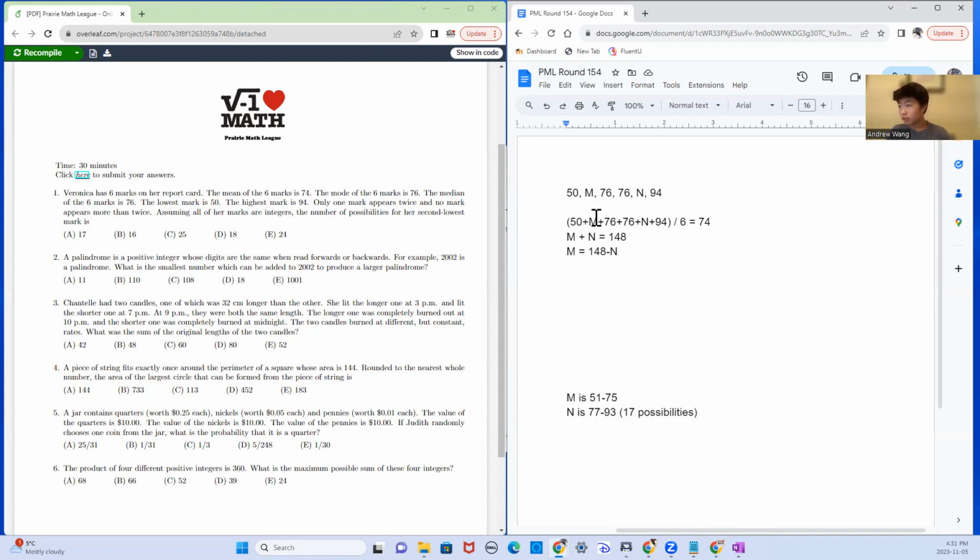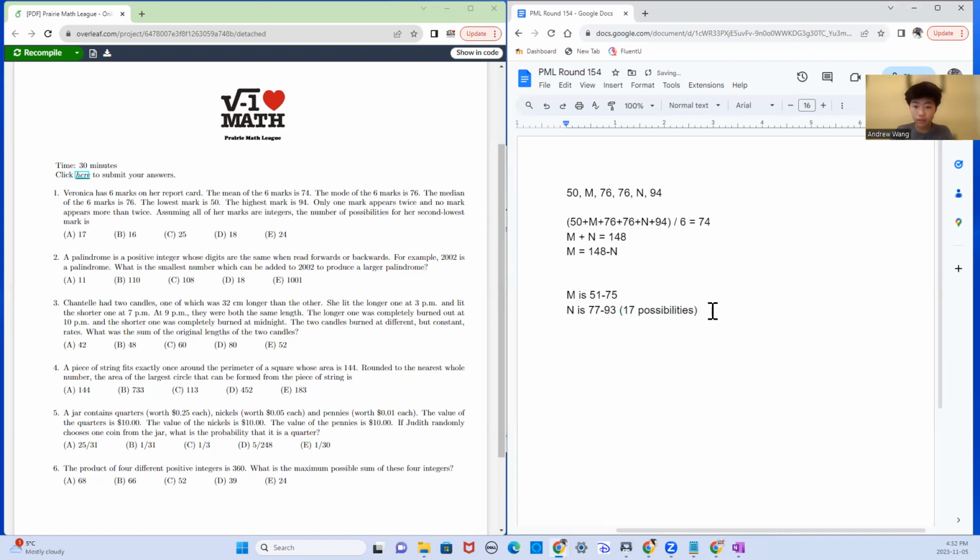Since M has to be between 50 and 76, between 51 and 75, that's a possibility for M, and then N could be any number between 77 and 93. So there are actually 17 different possibilities for N.